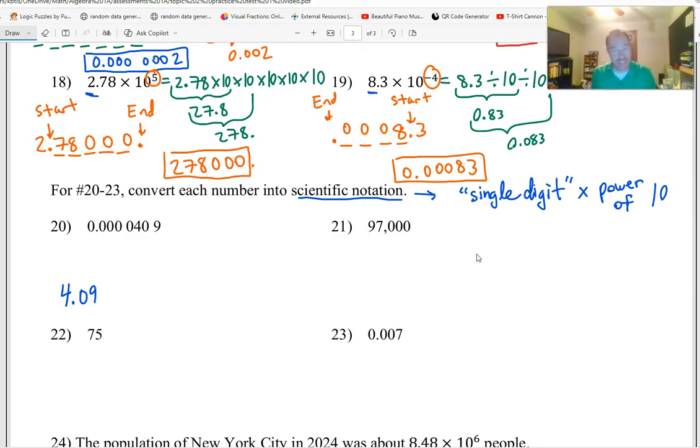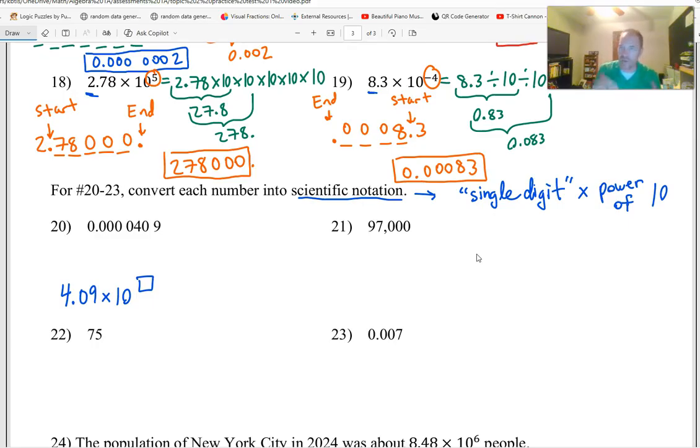In my opinion, that's the easy part of this. You can agree or disagree. But now I need to figure out what's the power of 10. What's the exponent for 10? So the idea is, if you go back to the previous section, the exponent told us how many places the decimal point moved. Sometimes it was right or left, but it was ultimately, whether it was a positive or a negative. Number 18, exponent of 5, we moved the decimal point 5 places. Number 19, -4, we moved the decimal point 4 places, because we can't move it -4 places, but we moved it 4 places.